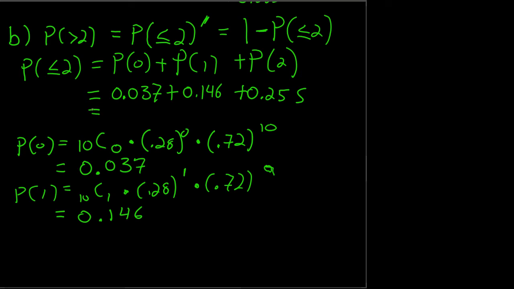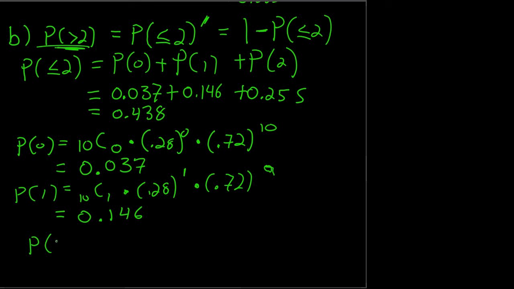And so if I add these 3 probabilities together, I get 0.438. But what I want is greater than 2, so I have to subtract this from 1.